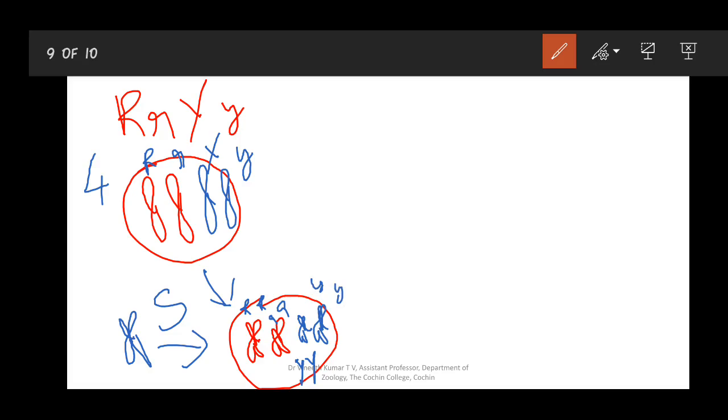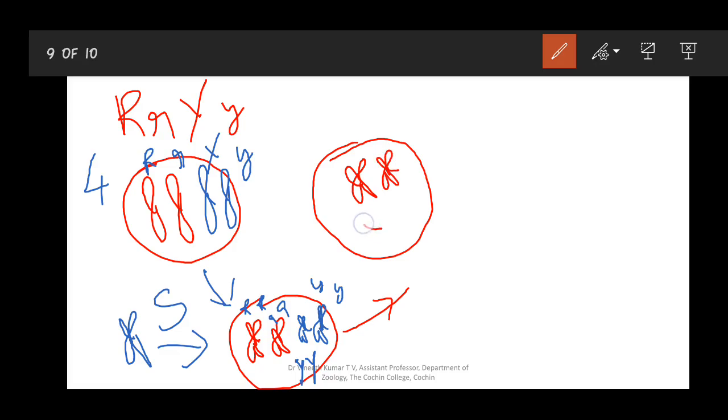And in the next step, this will be undergoing meiosis 1, in meiosis 1, metaphase 1 and anaphase 1. So these homologous pairs, they will arrange like this.